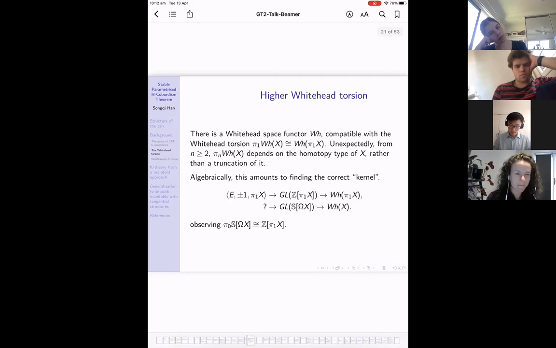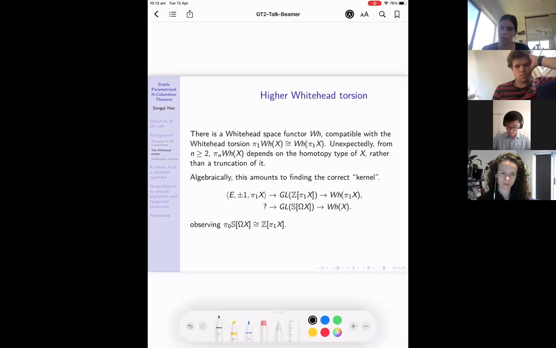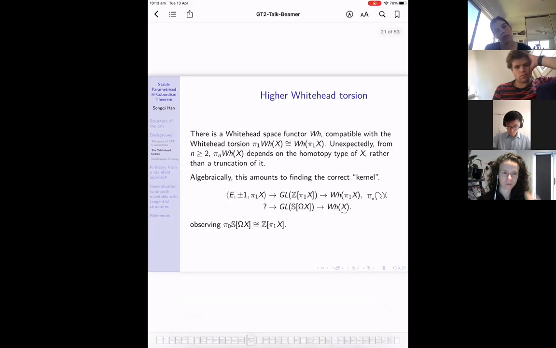And if we identify this group ring Zπ_1 of X as π_0 of the ring spectrum S[ΩX], and identify π_1 X as π_0 of ΩX, then this question reduces to finding the correct, or the most appropriate, generalization of this missing term in this fibration sequence.